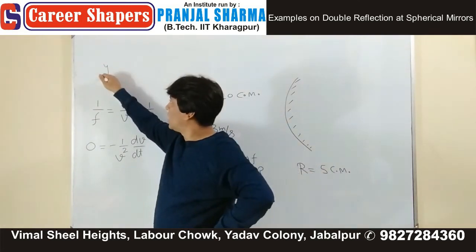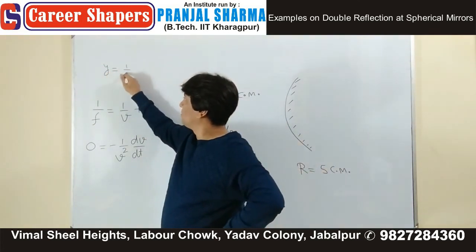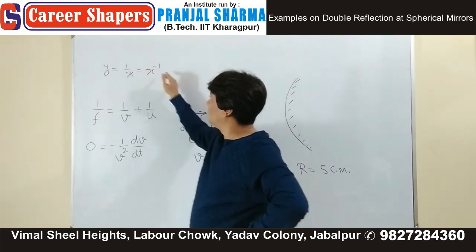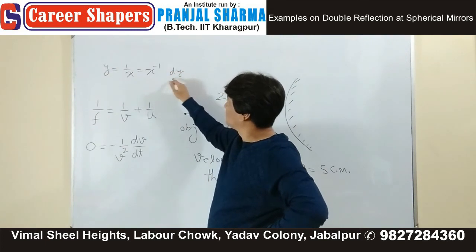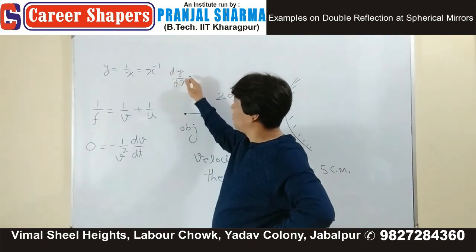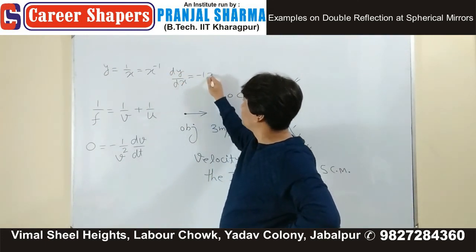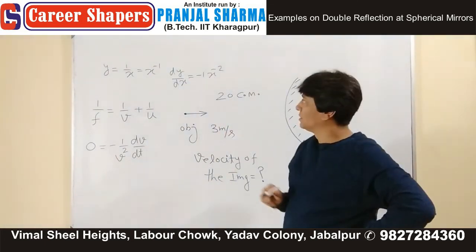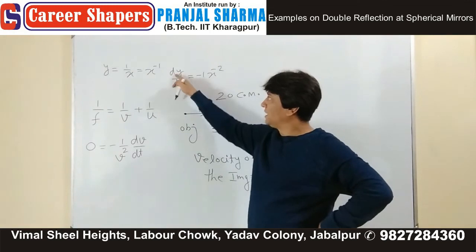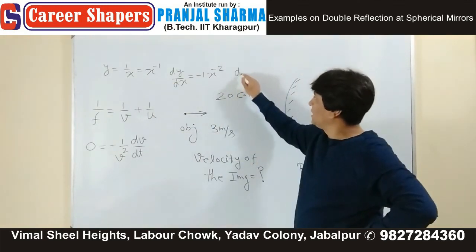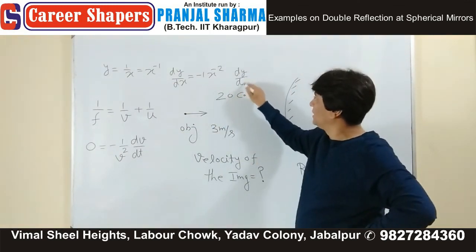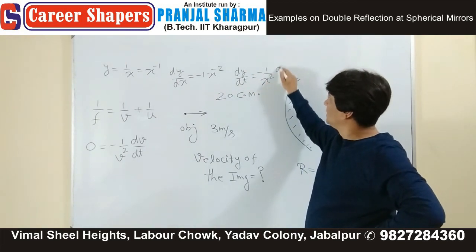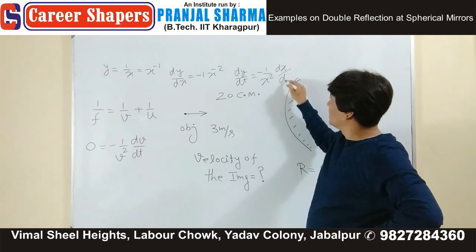If you have y equals 1 upon x, then you write it as x to the power minus 1, which gives us dy upon dx as minus 1 x to the power minus 1 minus 1. But if I don't need dy upon dx, if I need dy upon dt, then I must write the whole thing into dx by dt.